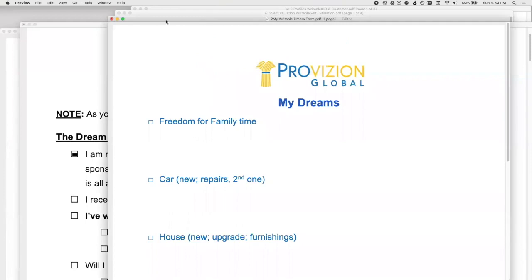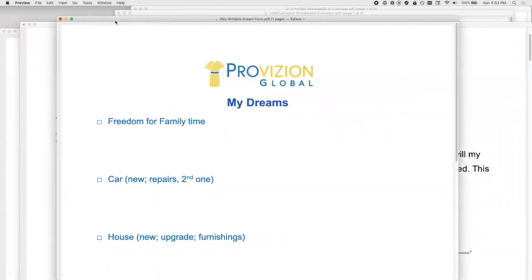On this form, there are some ideas just to spark your thinking. You know, what are the dreams you have? Do you have dreams about having freedom for your family time? And again, these are all writable, so you can type in here if you're on your computer. Do you need a car?